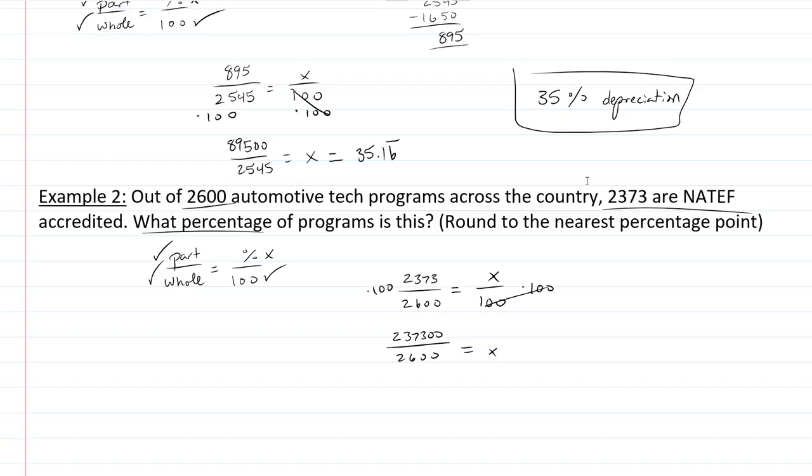And when we punch this into our calculator, X ends up equaling 91.2692, with some more digits trailing, but the one we're worried about is the 2. That's because this tells us we round down to 91%. So 91% are NATEF accredited.